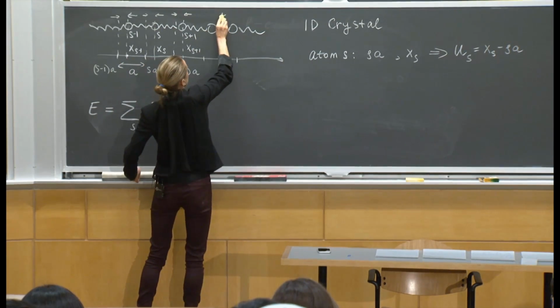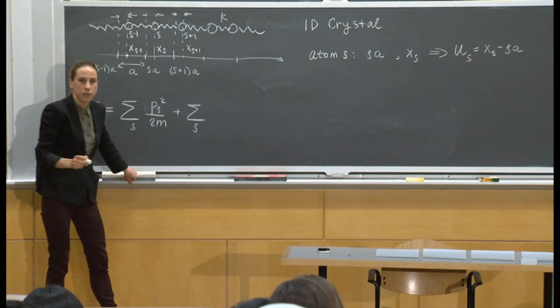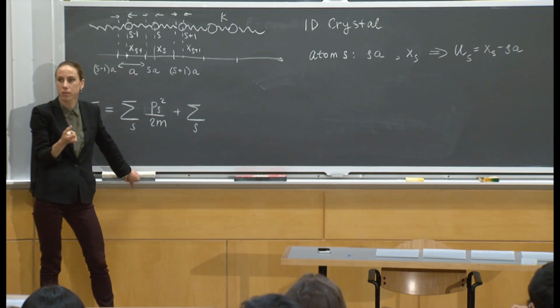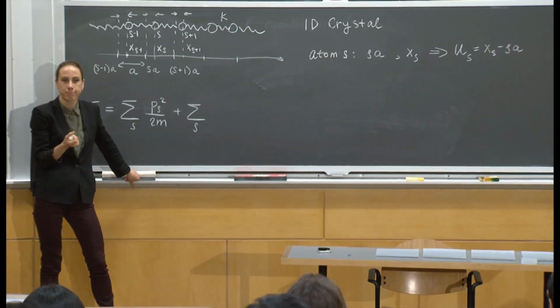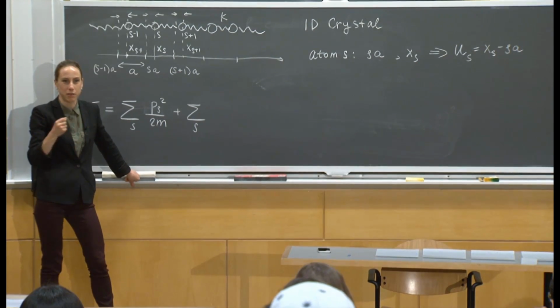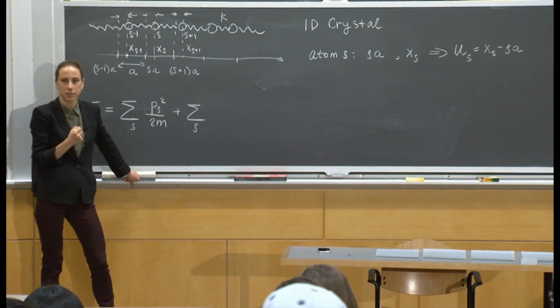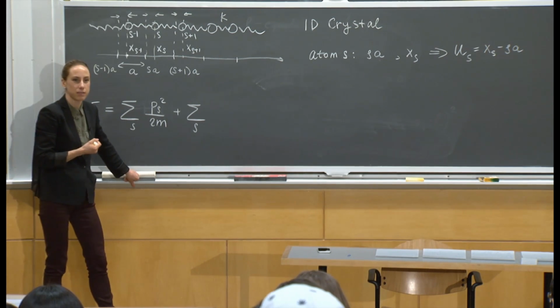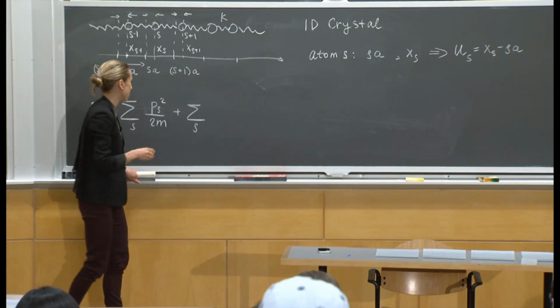And let's be simple and assume that all my bonds have the same bond stiffness. And we're also going to have the same masses for good measure. The good news is that we're actually going to make a leap to different masses after that. So actually different springs will keep the same masses.